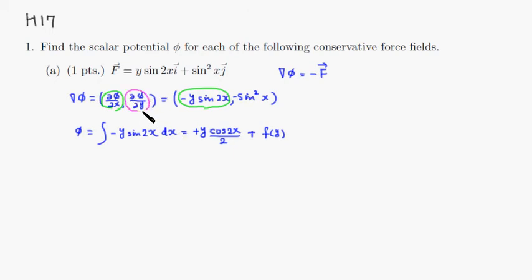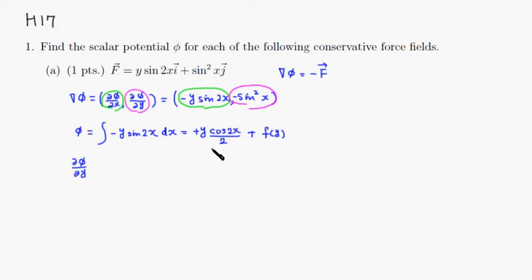Then by matching the partial derivative of phi with respect to y with negative sine squared of x, we take the partial derivative of phi with respect to y.